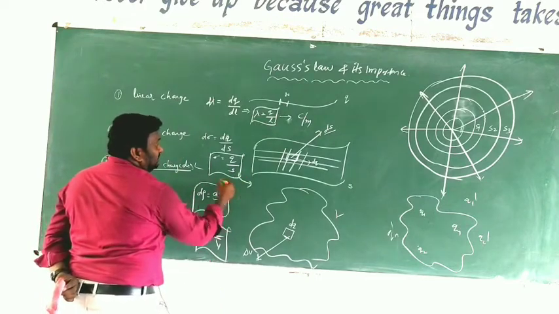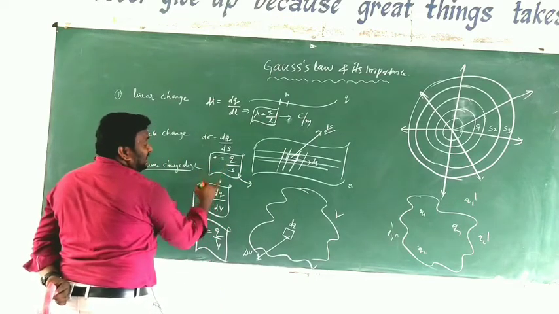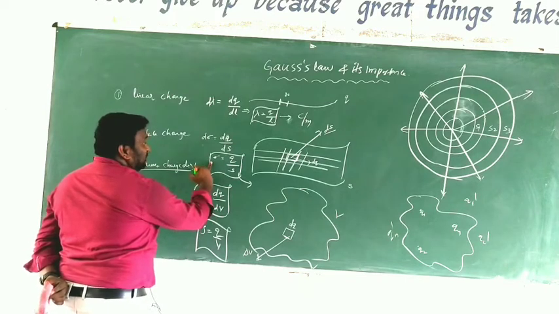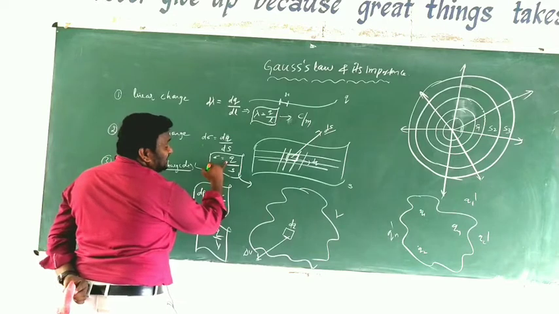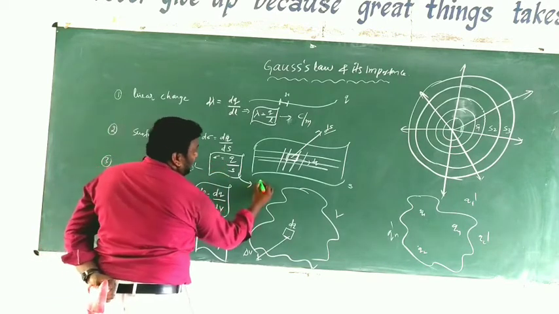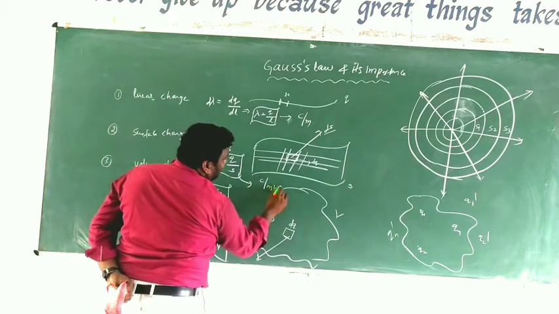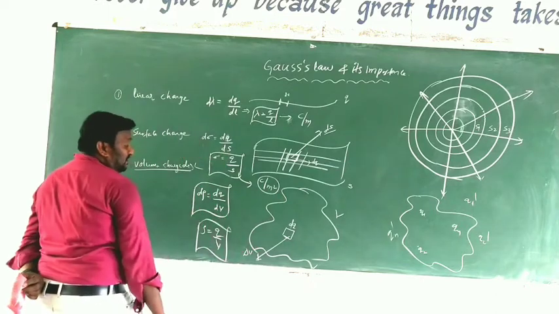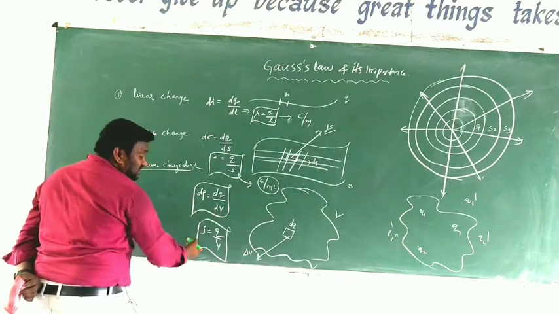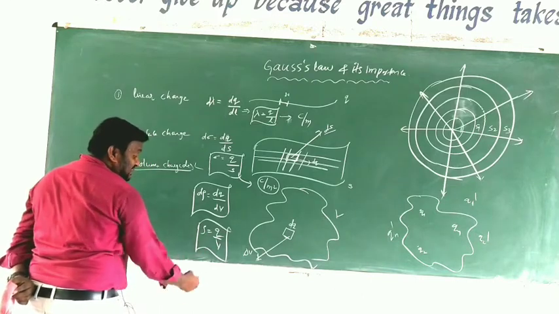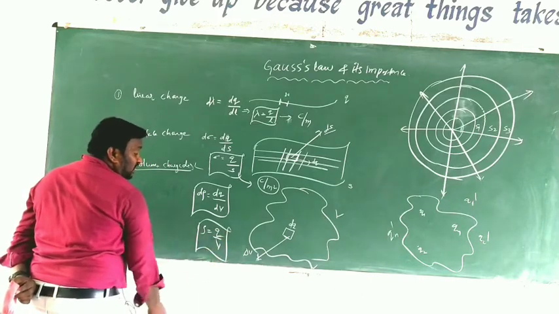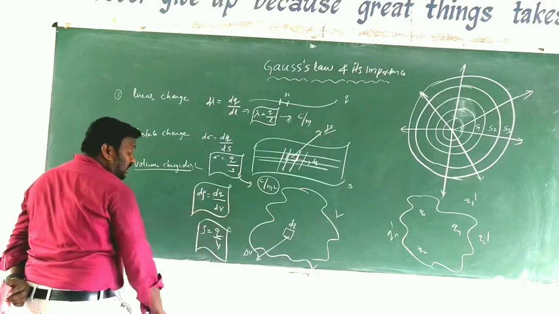And now here sigma is equals to q by S. Here sigma is the surface charge density, S is the area and Q is the charge. Now the unit is coulomb per meter square. And now rho is equals to q by v. Here rho is the volume charge density. V means volume, and volume unit is meter cube.